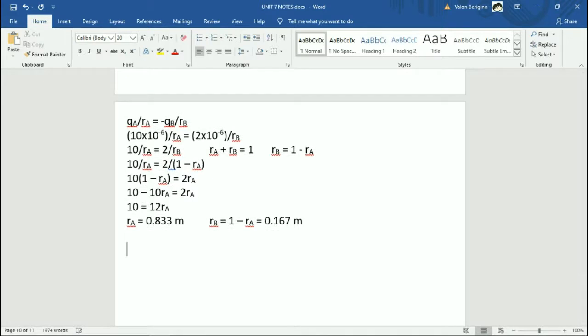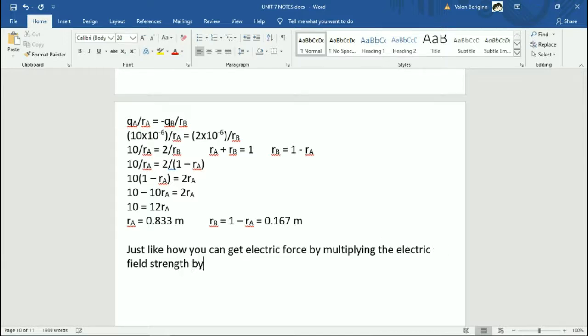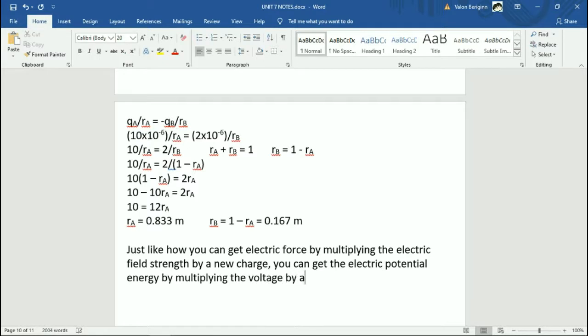So just like how you can get electric force by multiplying the electric field strength by a new charge, you can get the electric potential energy by multiplying the voltage by a new charge.